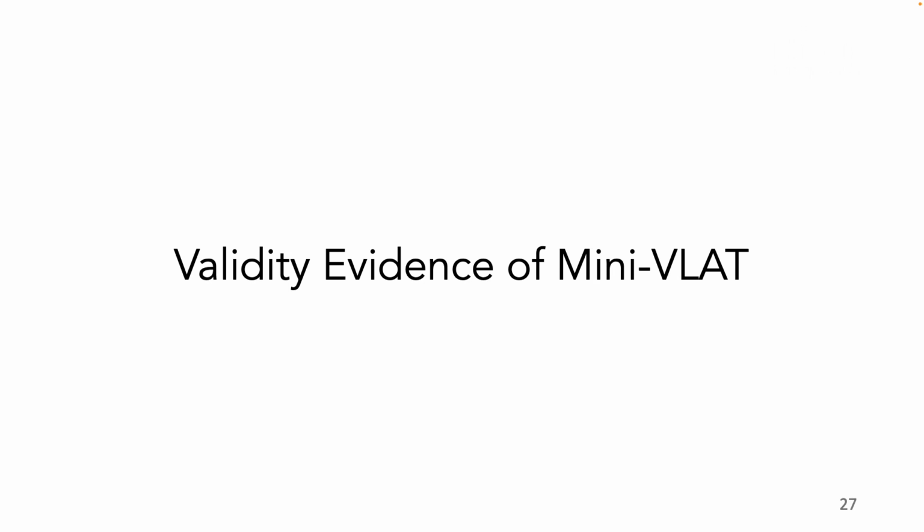We performed further validation steps in creating Mini-VLAT apart from just inviting visualization experts to validate our selections. One of the important steps in creating a short and effective test is to show that it strongly correlates with the original test.